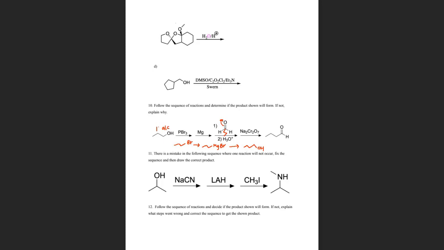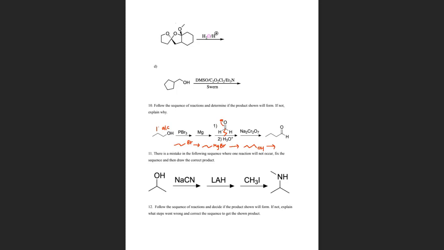So now we have another primary alcohol, and we are given this Na2Cr2O7. We know that this is a strong oxidizing agent because it uses chromium, and all of our chromium reagents are going to be strong. And we've seen time and time again that when you're given a primary alcohol with a strong oxidizing agent, it's going to oxidize past the aldehyde and go to the carboxylic acid. So this structure would be incorrect.